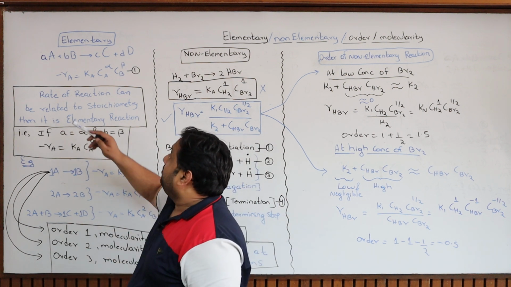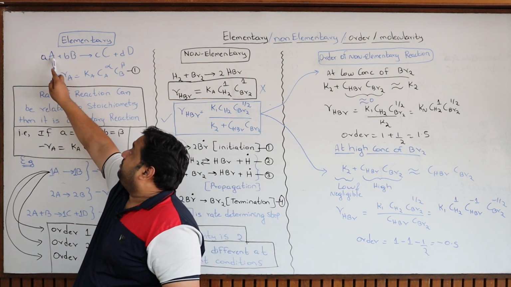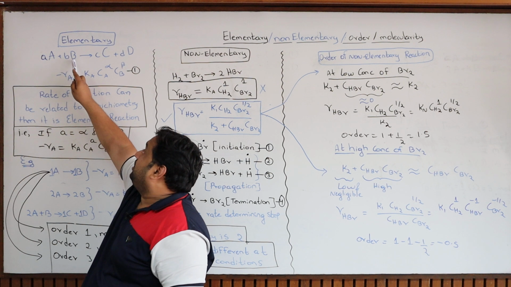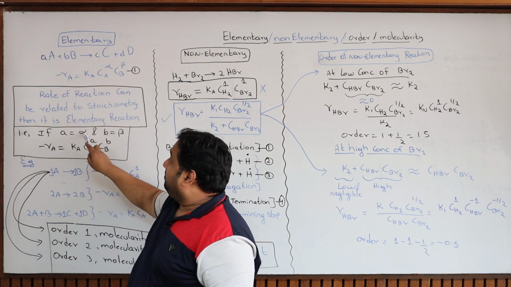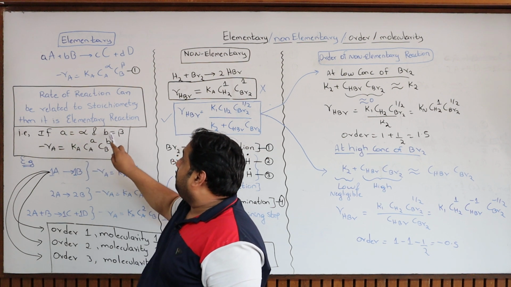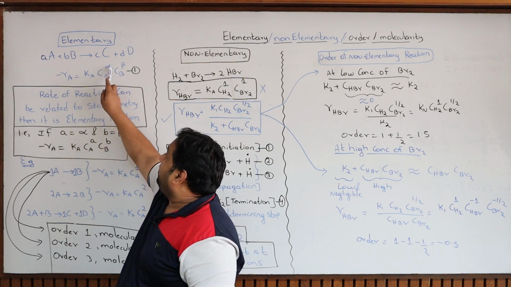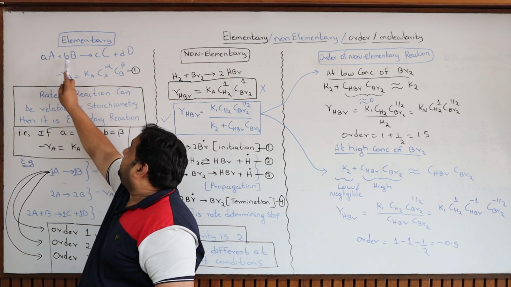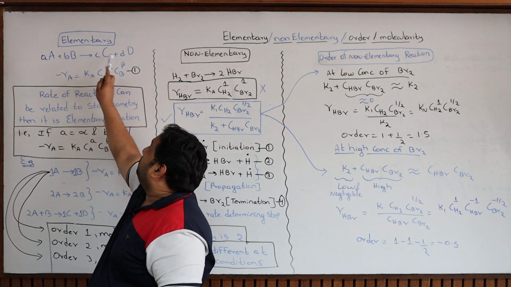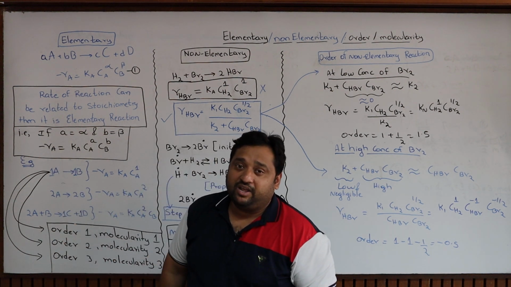For example, the stoichiometry coefficient of A is small a and the stoichiometry coefficient of B is small b, and if alpha equal to a and beta equal to b, which can be related directly to the stoichiometry of the reaction, then it is called an elementary reaction.